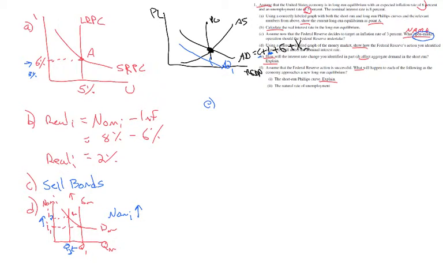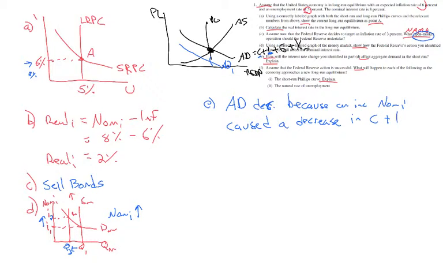So you can say AD decrease because an increase in the nominal interest rate caused a decrease in consumption and investment. And we might even say both determinants of aggregate demand. So that is our answer for E.